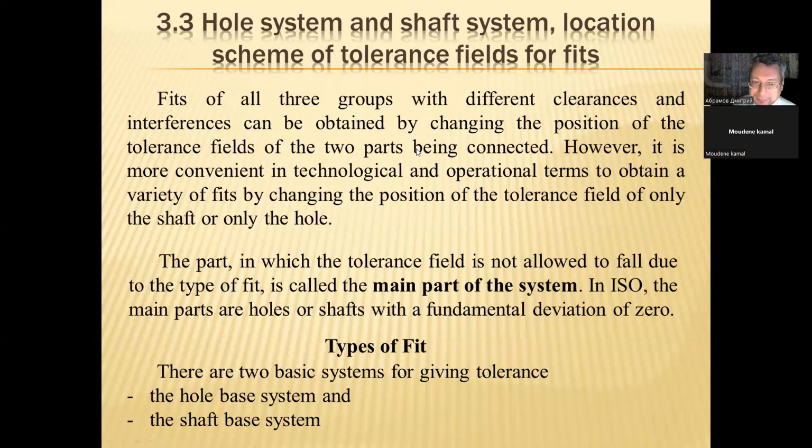The part in which the tolerance field is not allowed to fall due to the type of fit is called the main part of the system. Please write down: the main part of the system is the part in which the tolerance field is not allowed to fall due to the type of fit.